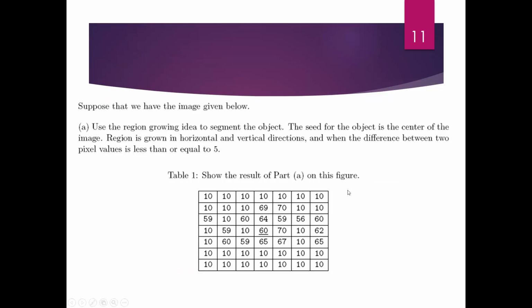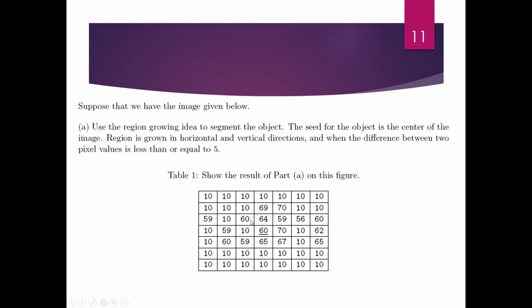This one is a 2-dimensional matrix of an image. If we choose 4 connectivity, and the difference is less than or equal to 5, then those pixels are connected. So starting from this seed pixel 60, we will go upward to 64. The difference is less than 5, so they are connected.